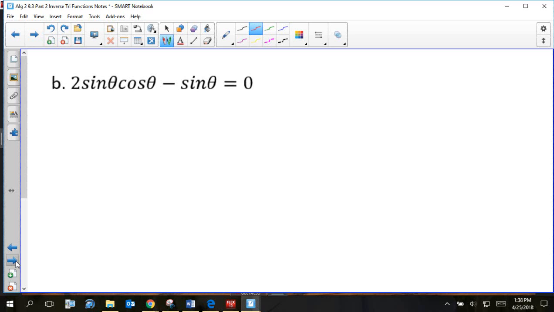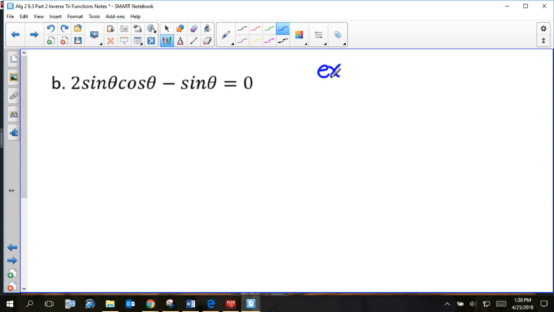Okay, guys, I'm going to give you an example of things that you've done in here that I would say are similar to what we're about to do. We have to solve for theta. I'm going to write this without the word sine and cosine. It's things we've done in here.